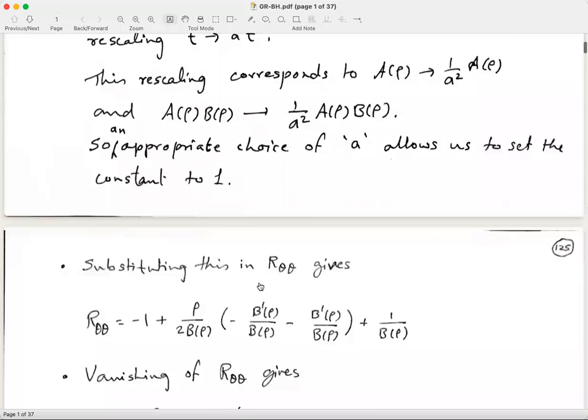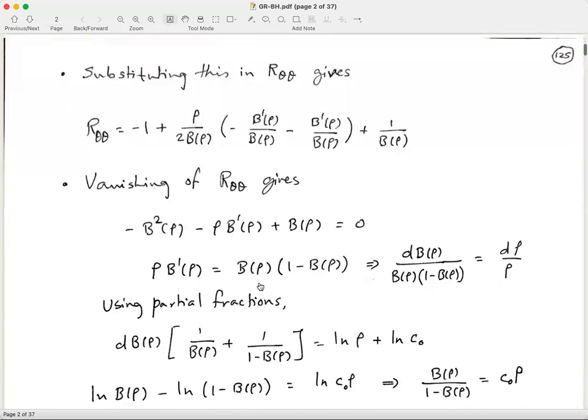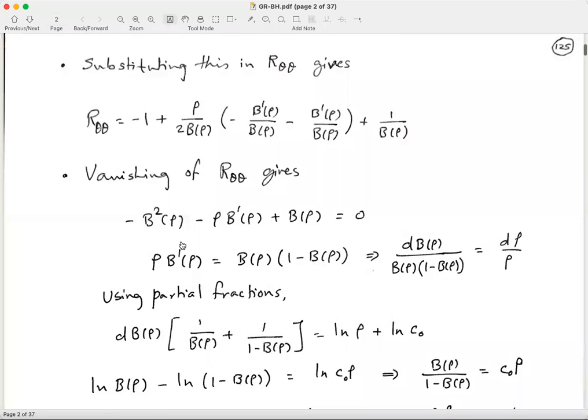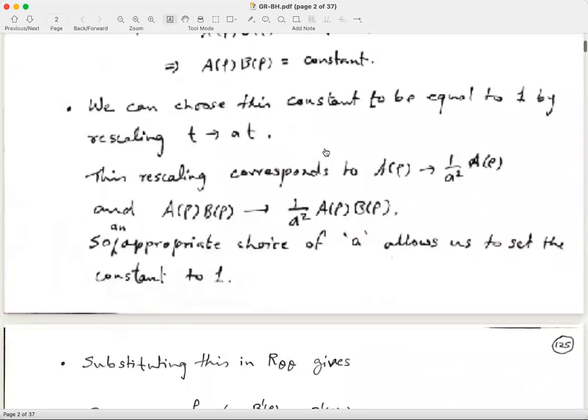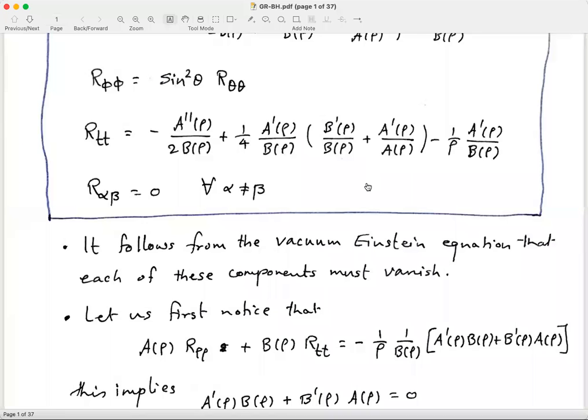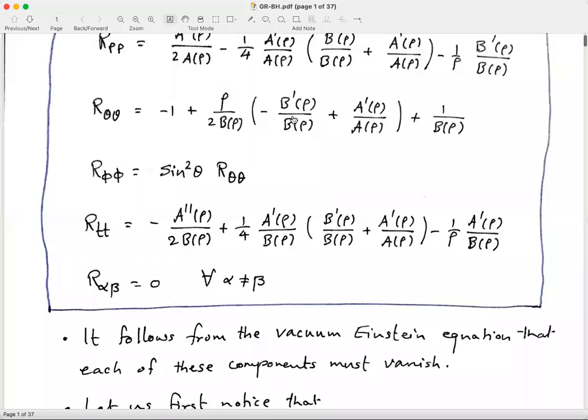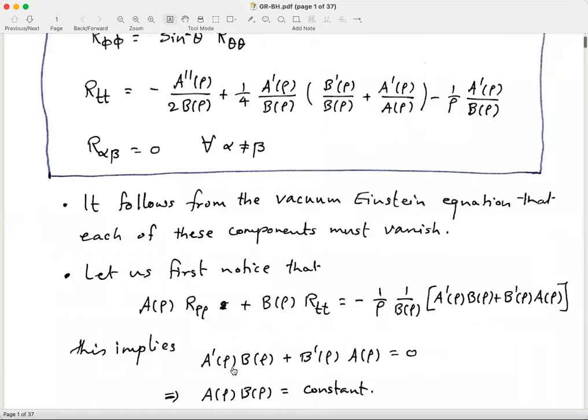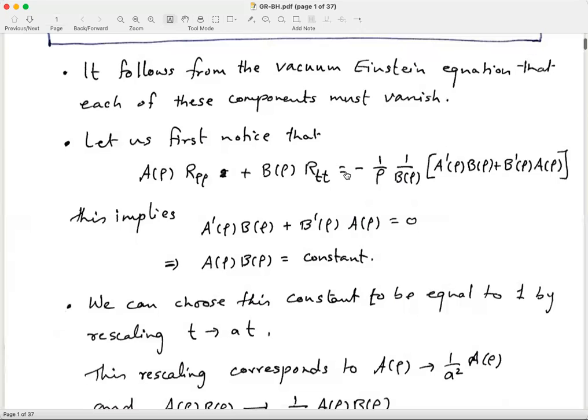Then we use the R theta theta equation to determine B of rho by just substituting the fact that the A of rho that appears in R theta theta equation can be traded off by using the fact that A and B are inverse of each other. Then write everything in terms of B of rho.